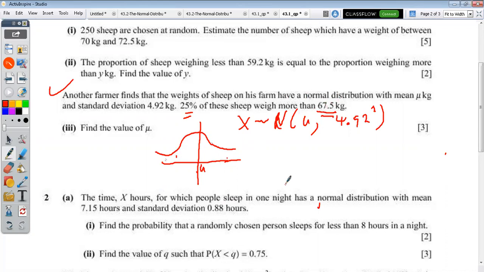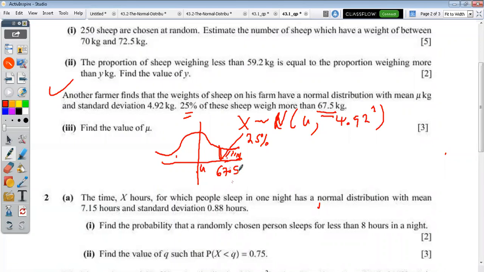Are we agreeing? Make sense? Only 25% is more than that. So roughly this is my 25%. Hope it's making sense now. 25% is more than this, so this value here is 67.5.